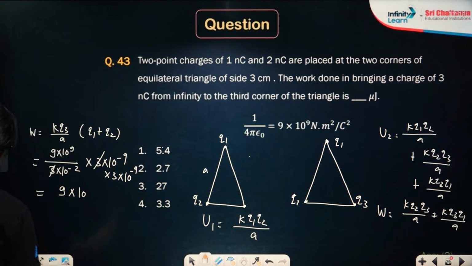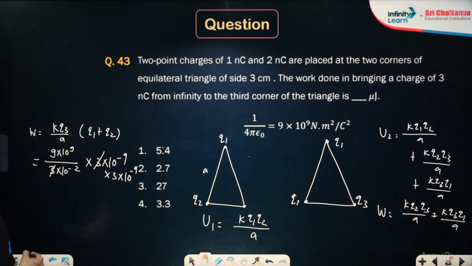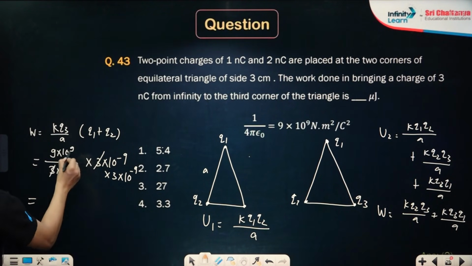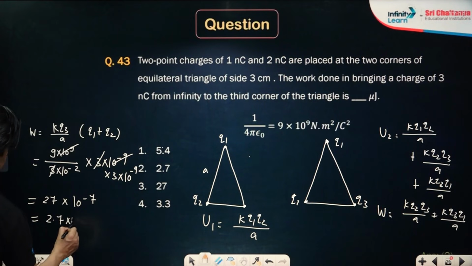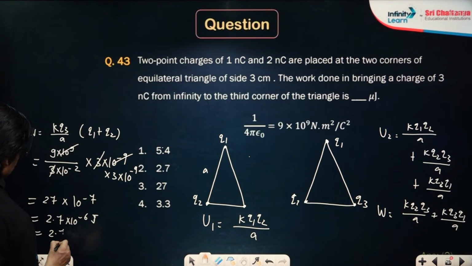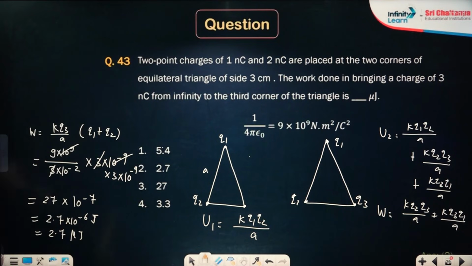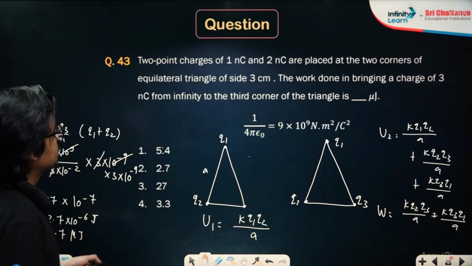If you calculate it, 3 and 3 cancel out, and you get 27 into 10 raised to the power minus 7, or 2.7 into 10 raised to the power minus 6 joule, which is actually 2.7 microjoule. 2.7 microjoule is the right answer.